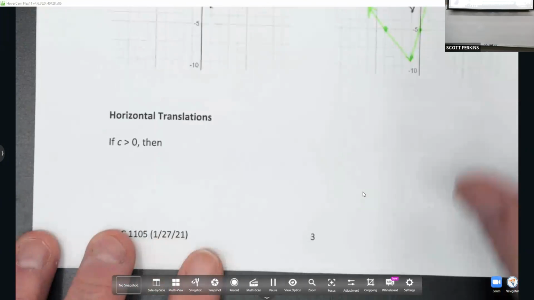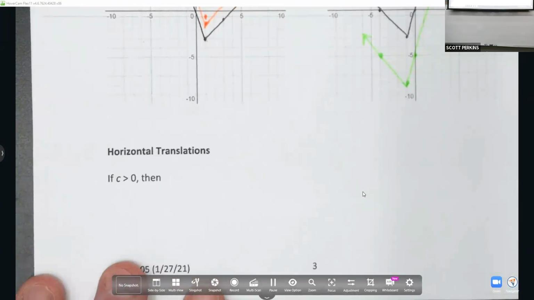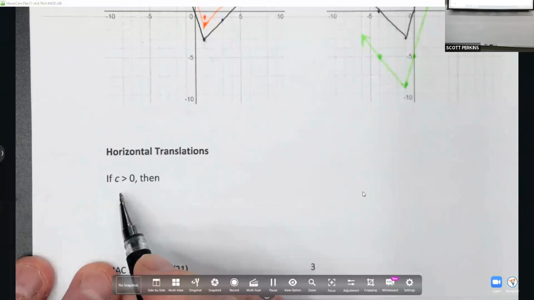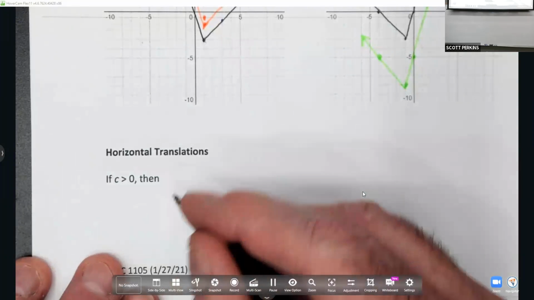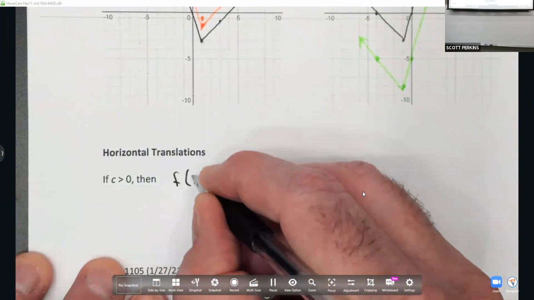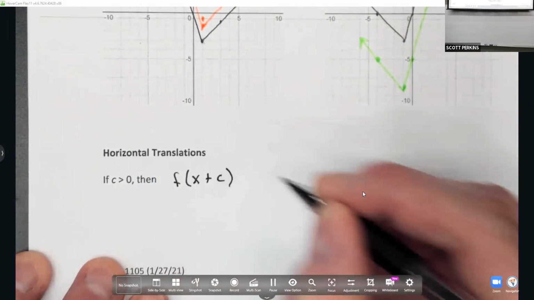Okay, so before we do that though, horizontal translations. Now I need your listening ears on before you get totally bored today and tune me out. This is the part I need you to hear. Okay, so if c is greater than 0, again, if c is a positive number, then this time the notation is going to look like this: f of x plus c.